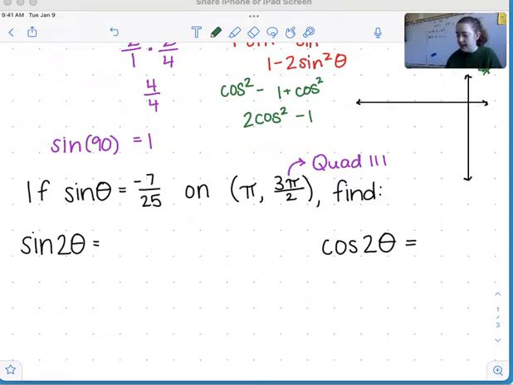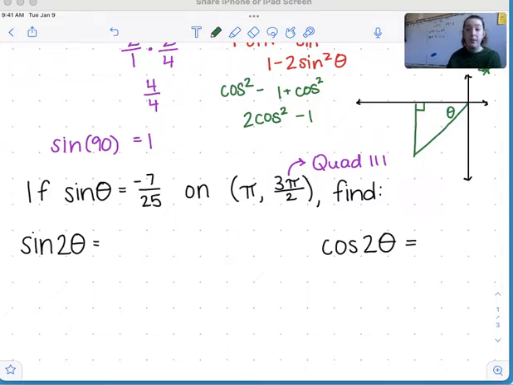I'm going to draw a triangle in this third quadrant. We know that our triangle should always be made with the x-axis. Do you remember that from Unit 3? Always made with the x-axis. So we have a theta right there. Theta is always made with the x-axis.